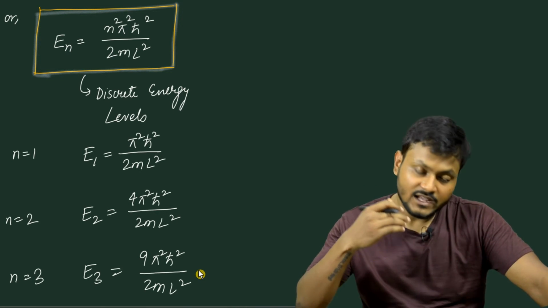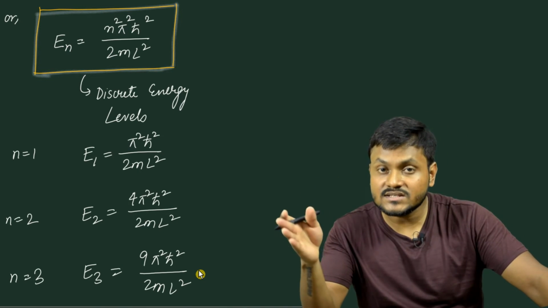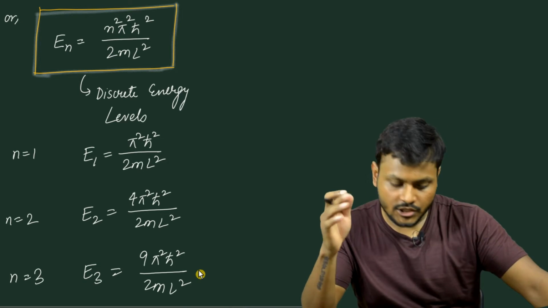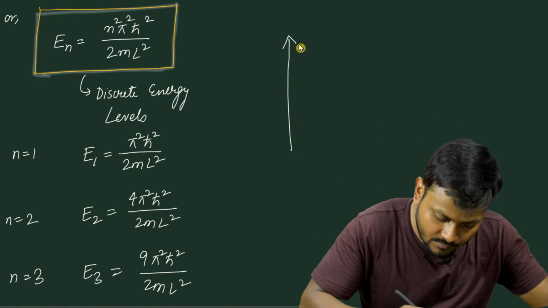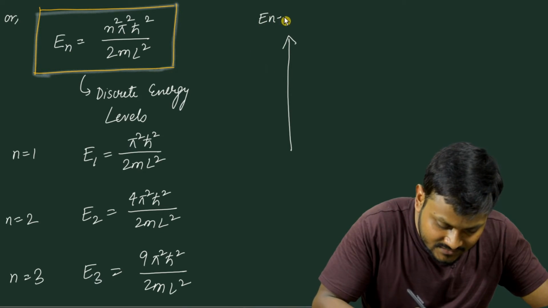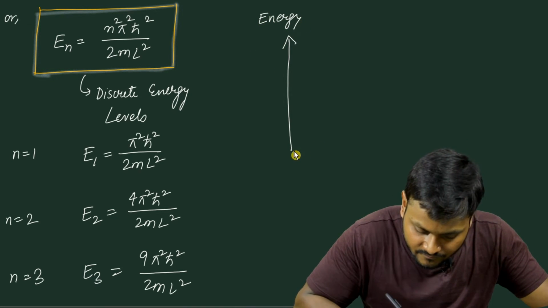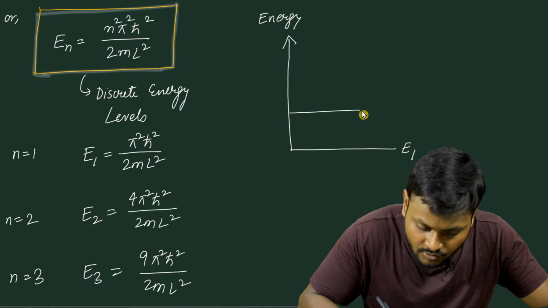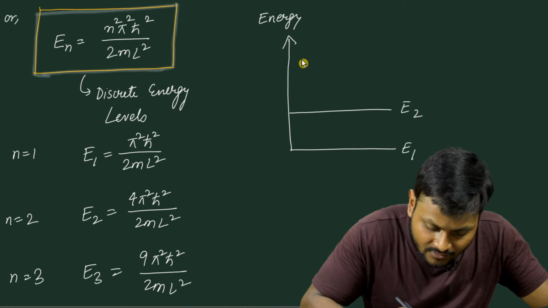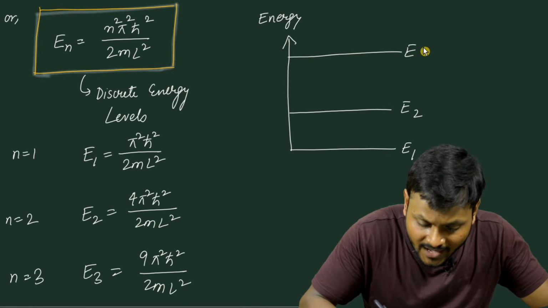Now there are infinite energy levels, but not a continuous distribution. If you look at the energies on some sort of axis, let's suppose this line corresponds to E1, then another line corresponds to E2, then another line corresponds to E3, and so on.